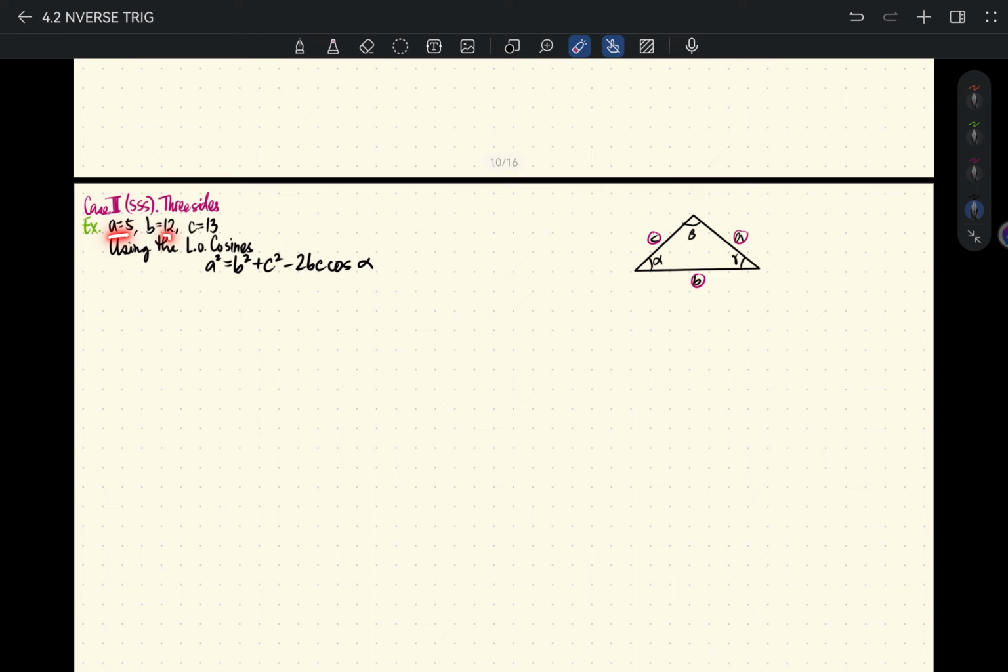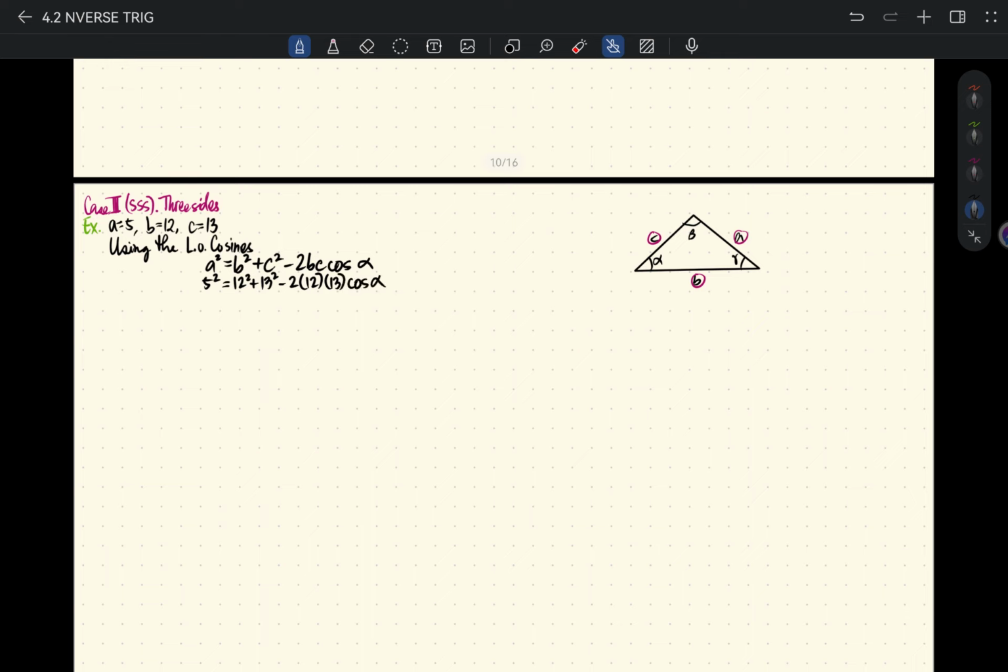That's because you already have three sides right here. Basically, you can just think of this as choosing which value of angle we want to solve first. In this case, I want to solve for alpha first. So let's see. We have here a squared, so that's 5 squared, equals b squared, so that's 12 squared, plus 13 squared minus 2 times 12 times 13 cosine alpha.